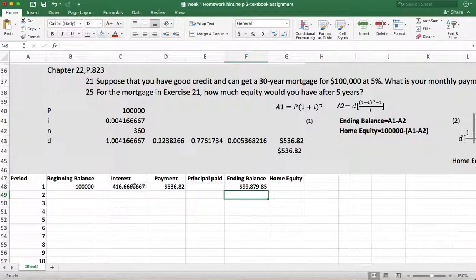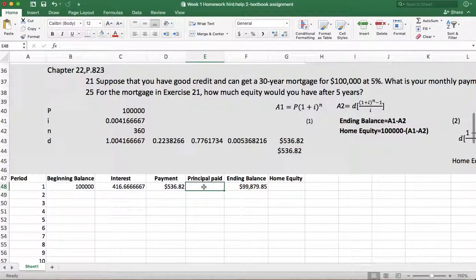So let me look at here. Your monthly payment is 336.82, but most of your payment goes to the interest. The other part is paid to principal. How much?